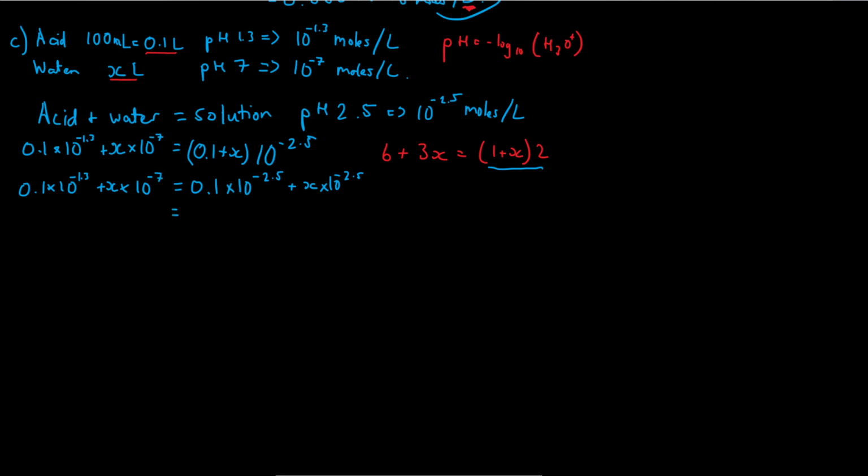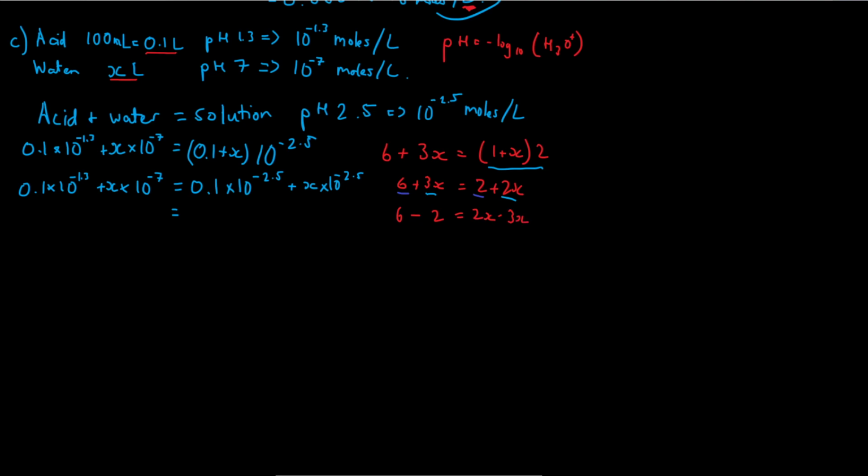So I'll just continue my easier example over on the right here. If I expand this, I'll get 6 plus 3x equals 2 plus 2x. Next you might go, oh, well, I want to get all my x's on one side and all my constants on another side. So I'll move all the x's maybe to the right hand side, all the constants to the left. So I'll have 6 minus 2 equals 2x minus 3x.